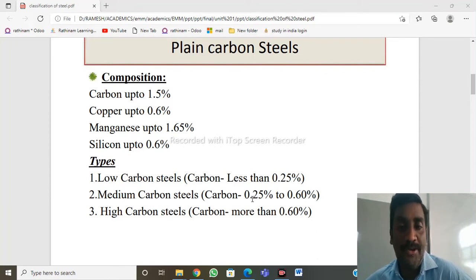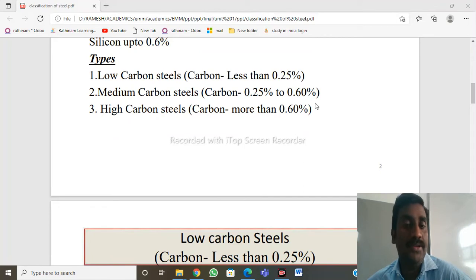Medium carbon means 0.25% to 0.6%, and high carbon steel is more than 0.6% up to 2% only, because beyond 2 percent carbon the material is cast iron. So the steel category goes up to 2% only. We cannot take 3 percent, because that is more than 2%. So 0.6 to 2 percent is high carbon steel. In the name itself we mention the carbon percentages.